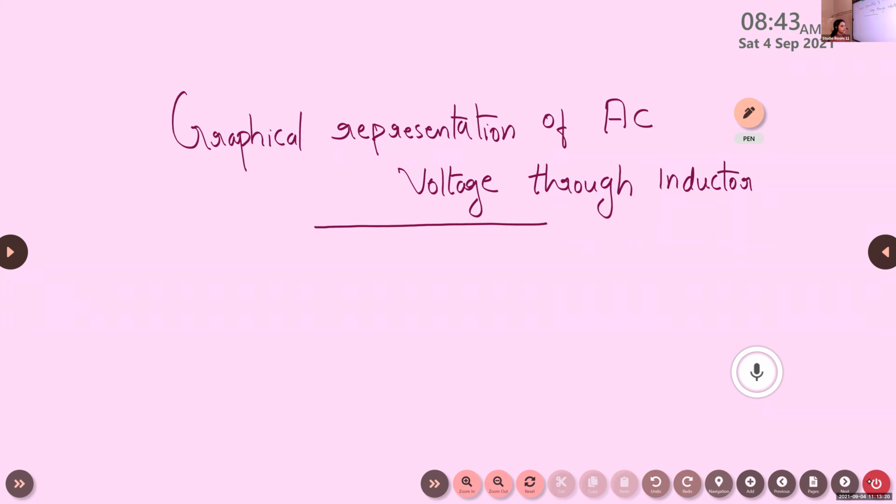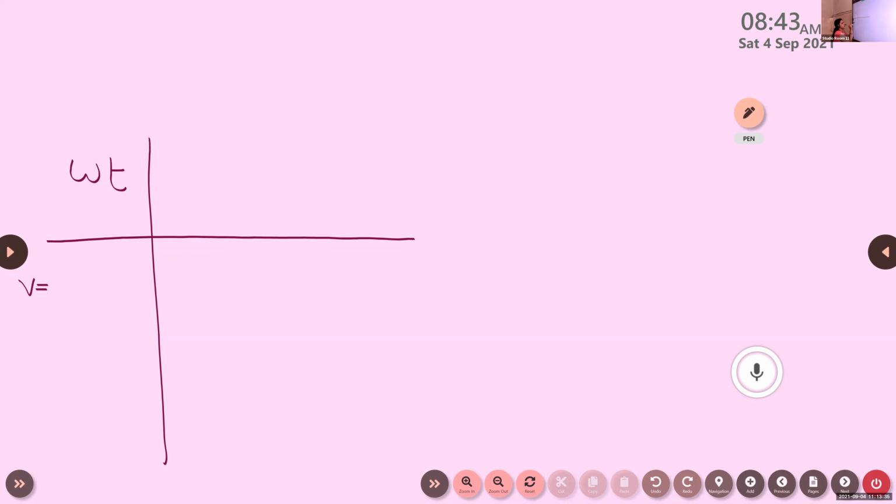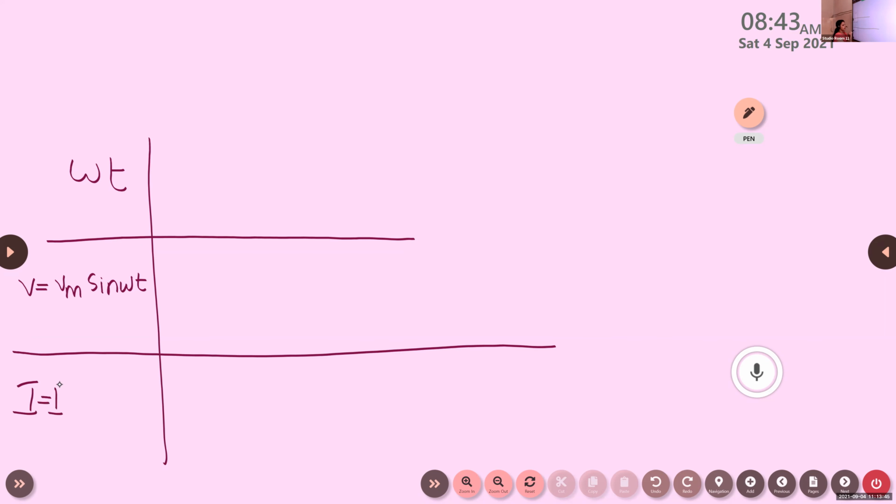For that, we consider the phase angle, both for the EMF and the current. In the case of EMF, V is equal to Vm sin omega t. In the case of current, I is equal to Im sin(omega t minus 90).